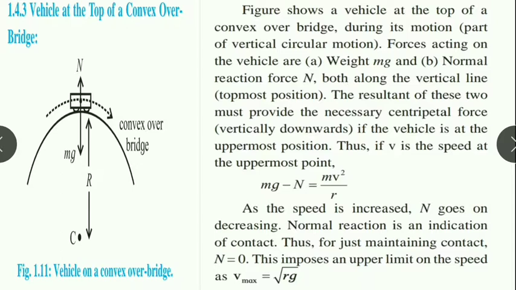Thus, for just maintaining contact, N is equal to 0. This imposes an upper limit on the speed as Vmax is equals to square root of Rg. If speed of the vehicle is greater than Vmax, then the vehicle leaves its circular path.